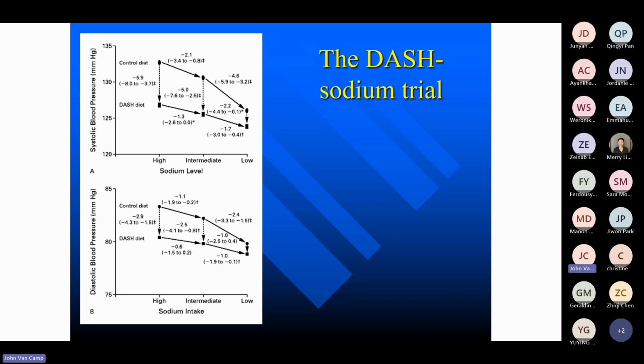Also with the DASH trial, you can see that if you change the dietary patterns, both the systolic blood pressure as well as the diastolic blood pressure go down. So it's very clear that also the second principle, and you can think whether it is a push or a pull strategy, working with the consumers can also lead to reduction of blood pressure.